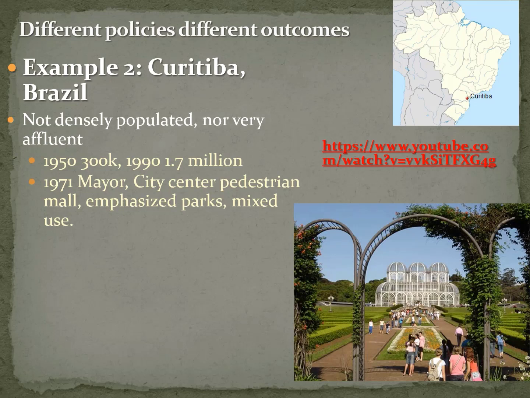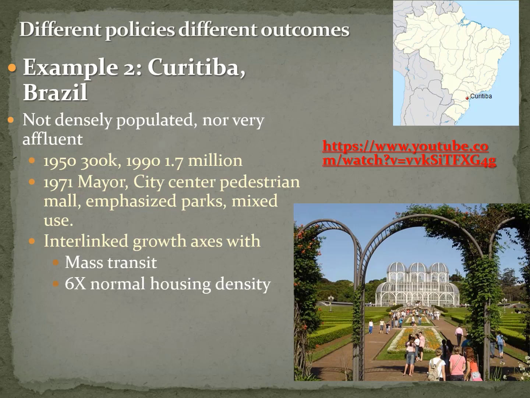And so they have a city center with a pedestrian mall you can see pictured on the slide. And they emphasize parks, so open space, recreational, but also mixed use so that housing, jobs, healthcare, school, transport, all these things are in the same area so that sprawl and driving are not necessary. What they did is they interlinked growth axes, areas that were growing, with mass transit.